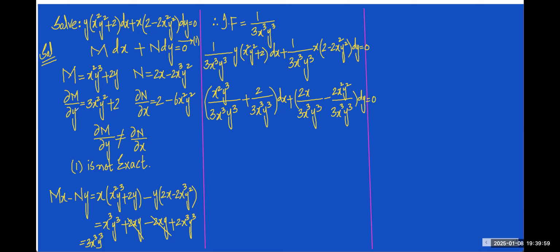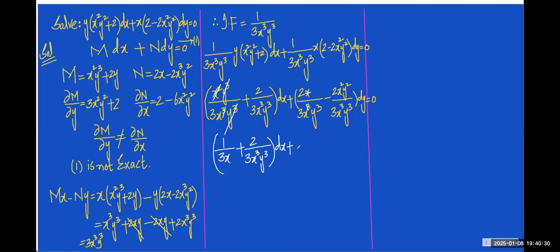Tell me how many terms are cancelled. Here, one y cube cancels, one x square cancels. What is left off? 1 by 3x is left off. Correct? This term, nothing will be cancelled, so as it is. This is dx, of course, plus here x cube and x square cancel.